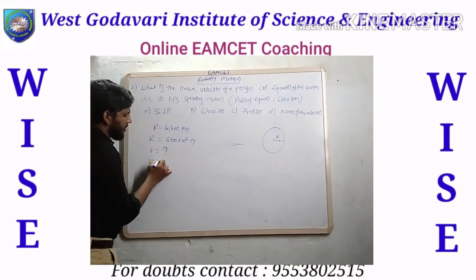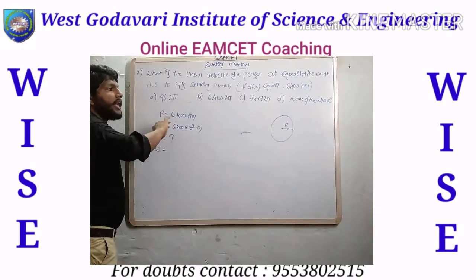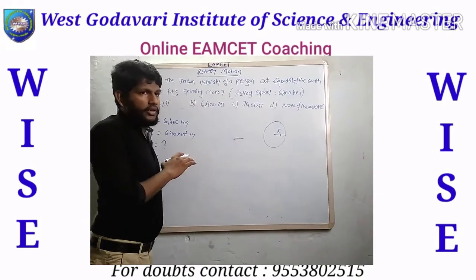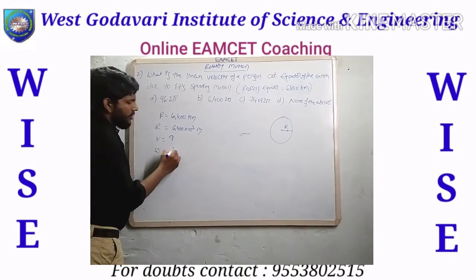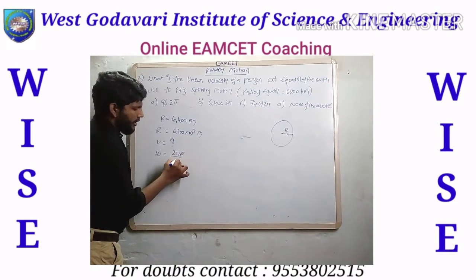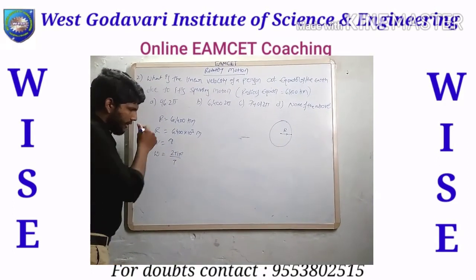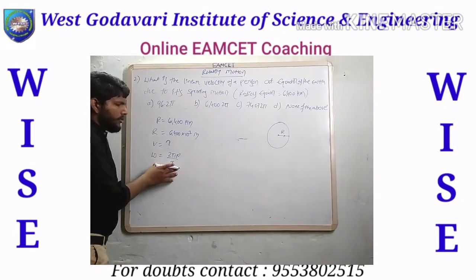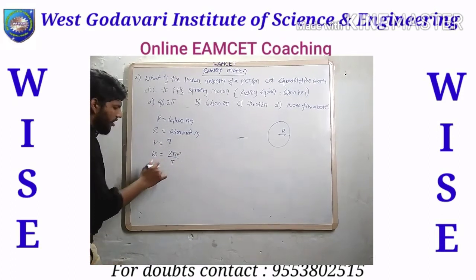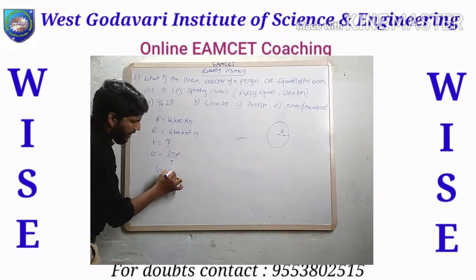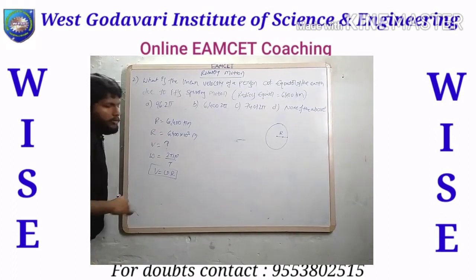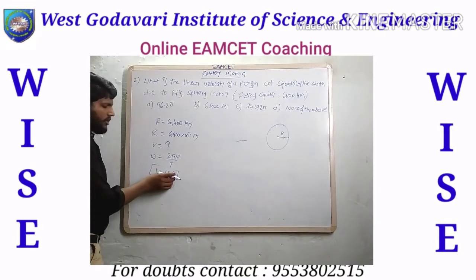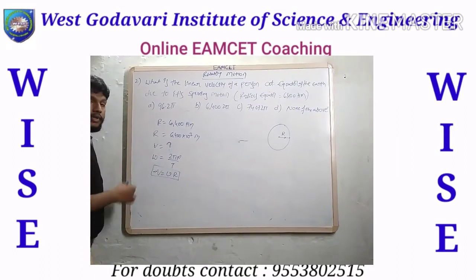So we need to convert the distance into radians. For the formula, we know that omega is 2 pi n by t, right? So we need to apply this for v equal to r omega. We know this formula. So if you substitute these values, you can find v, right?